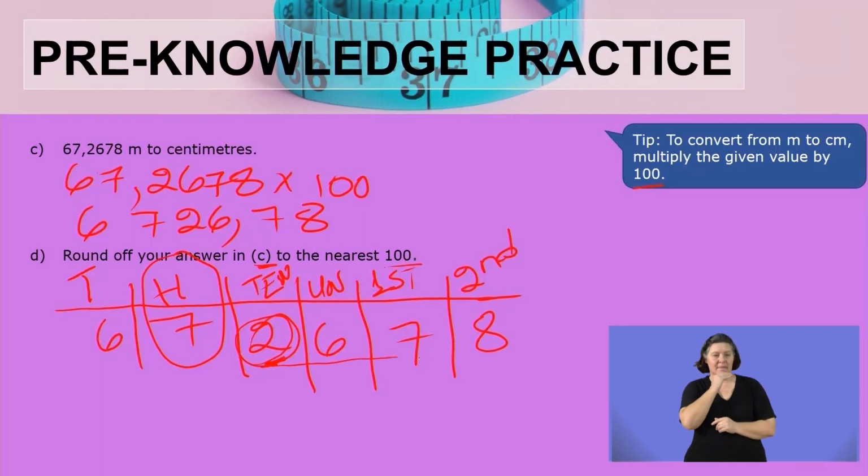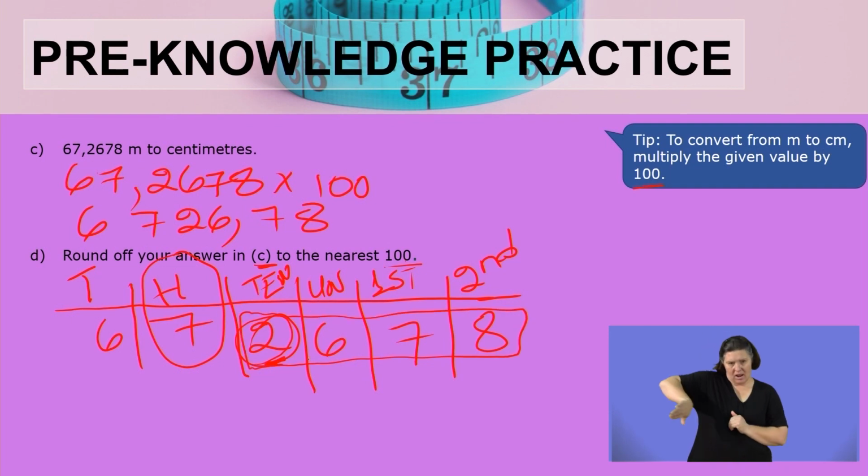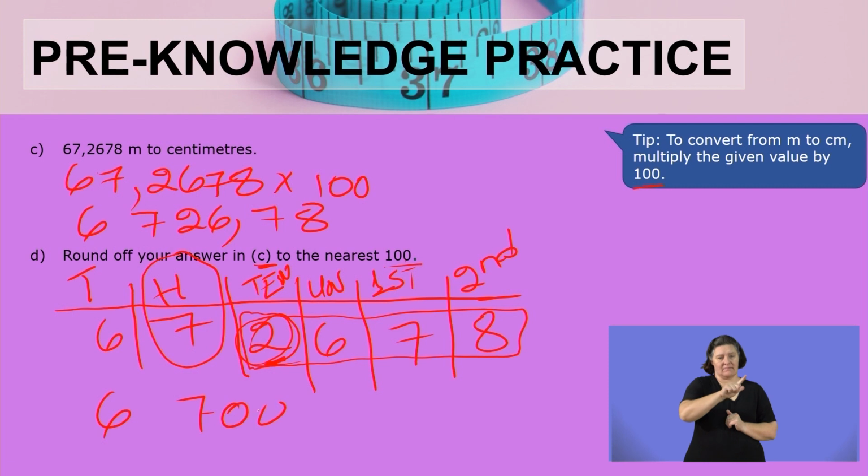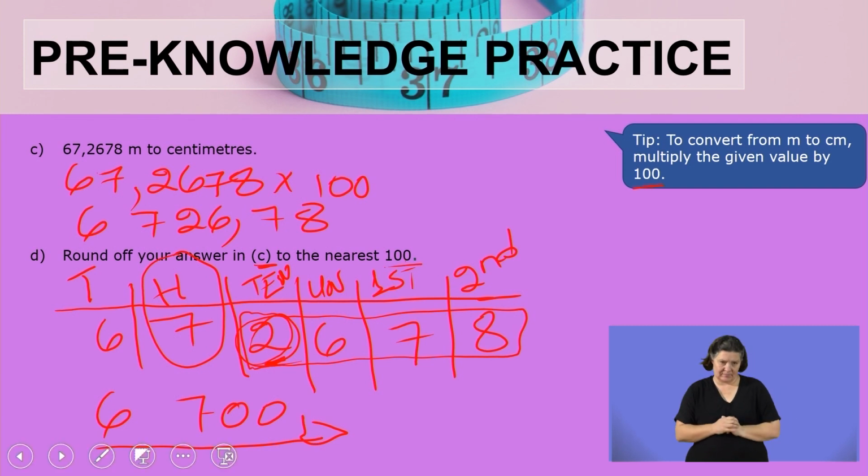Rounding down means that all these values will be converted to make the 100 that we need. So now we have 6,700. We have rounded off to the nearest 100.